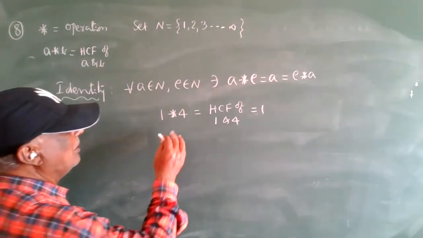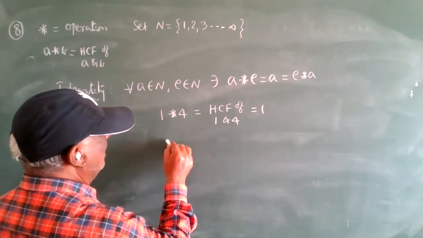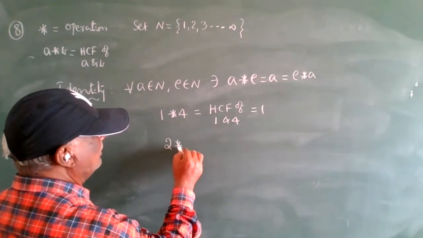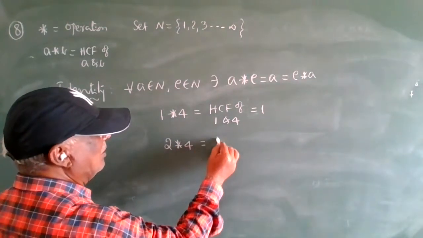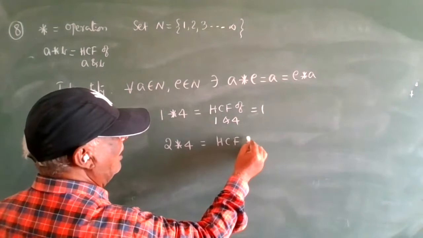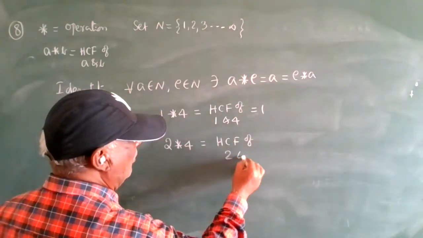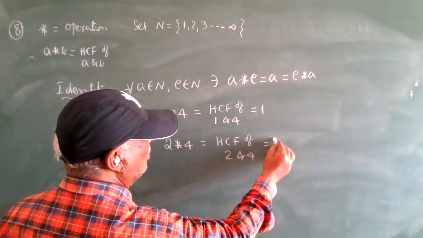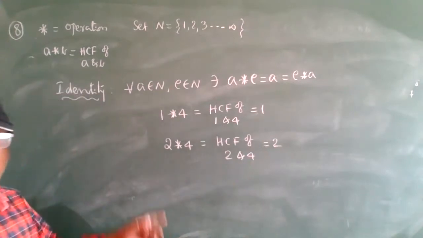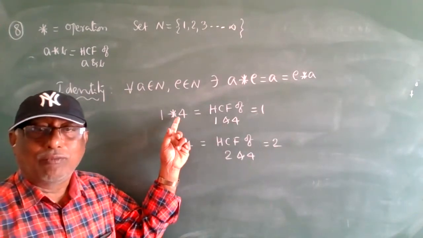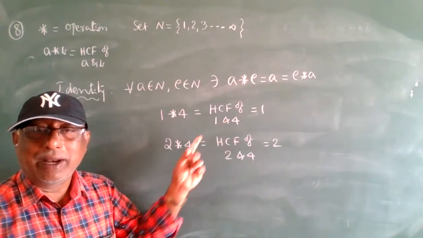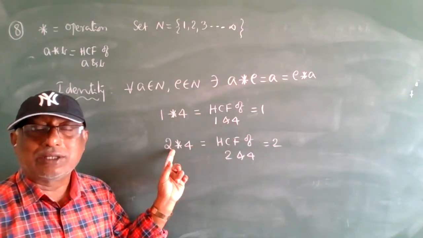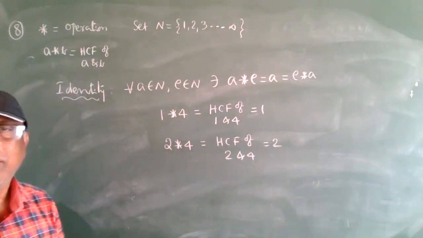So I will take 2 star 4. This is equal to HCF of 2 and 4, that is equal to 2 only. So here 4 is not an identity element. Fail.